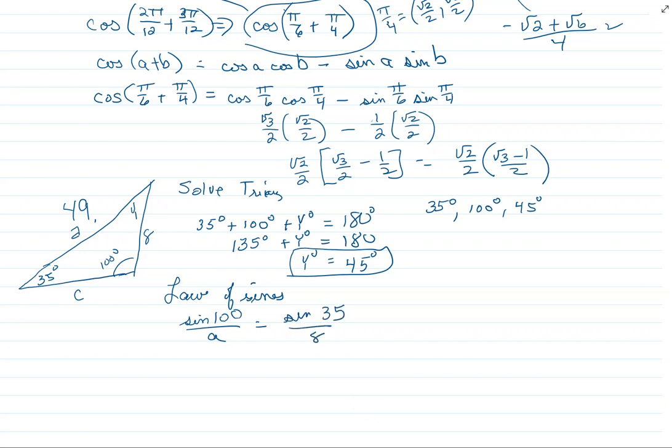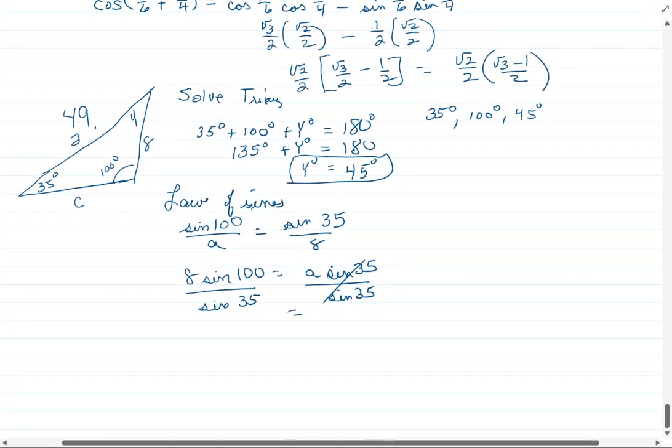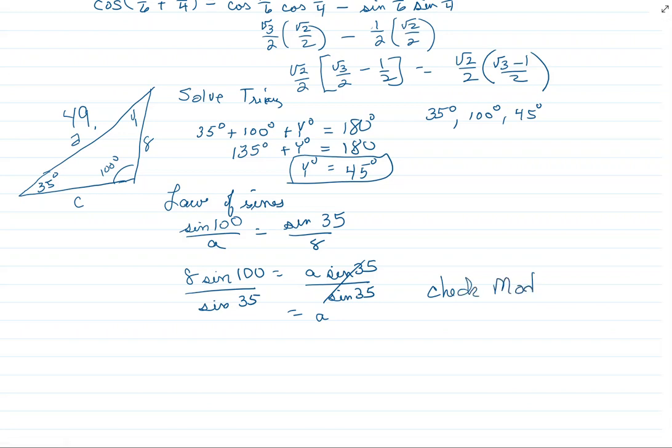All right, so we cross multiply and then divide. Once we get here, we stick it in the calculator after we check the mode. Very tricky, okay? So we have to check the mode.